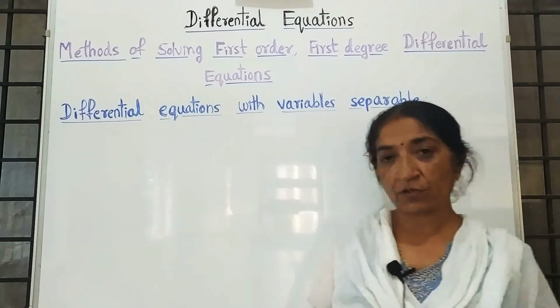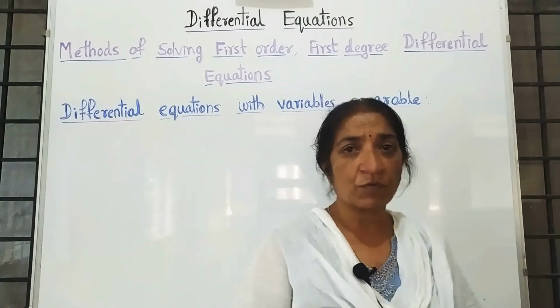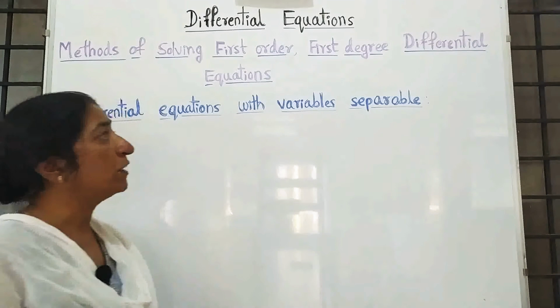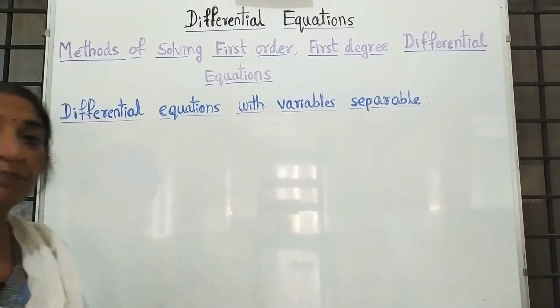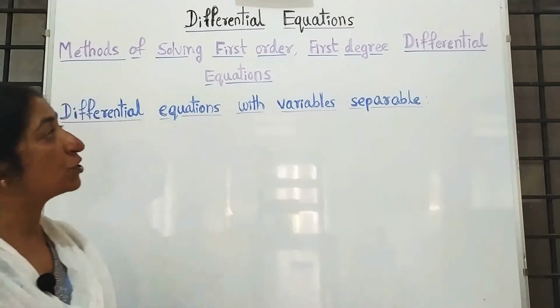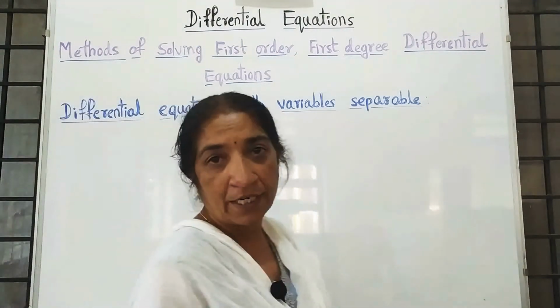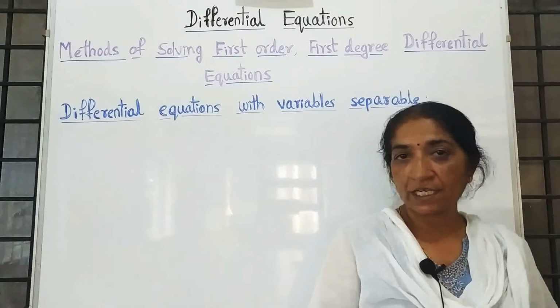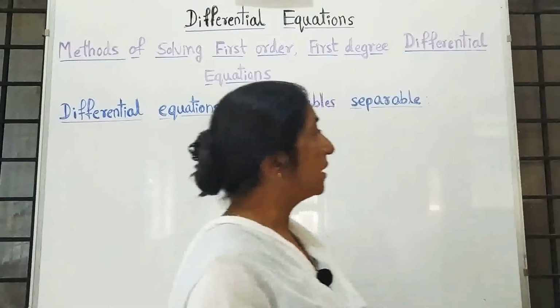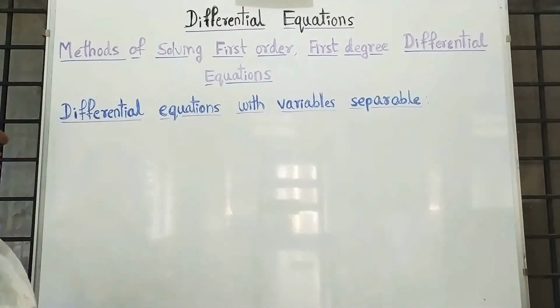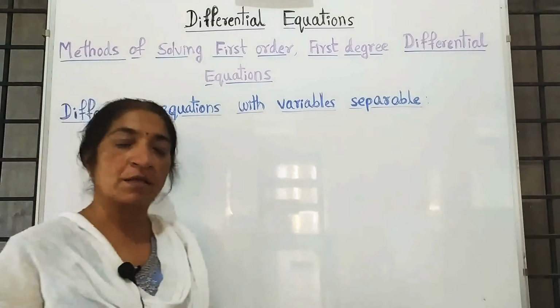So before moving to the examples, see there are so many methods to solve a differential equation, and for your PUC level syllabus we have a first order first degree differential equation. Already you are familiar with order and degree, first order and first degree differential equations, and in that first we are studying the differential equations with variable separable.